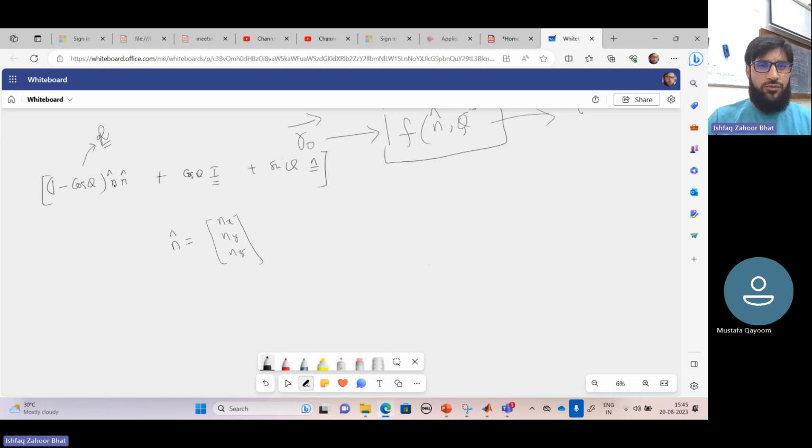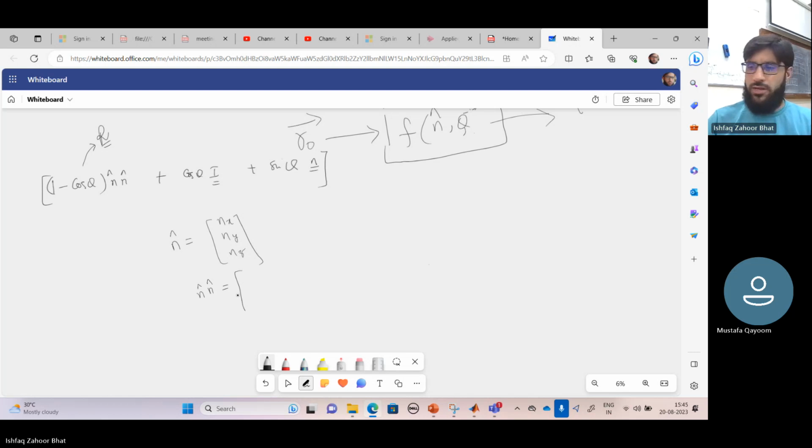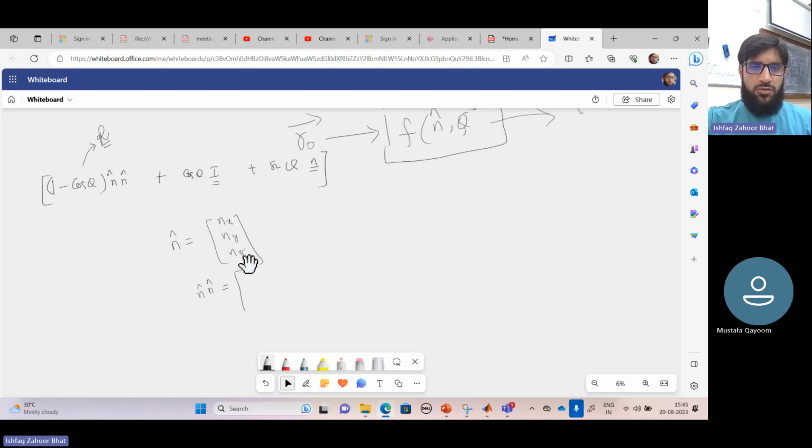And we know if we have a dyad like nn, it means the outer product in terms of matrices. So I am just focusing on the components only. So this is not a vector.